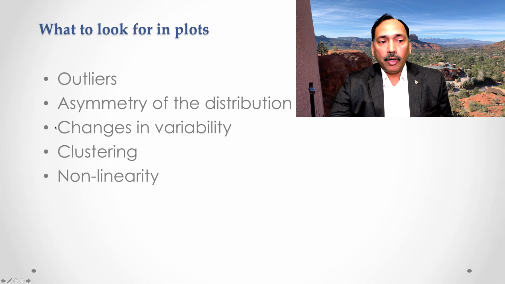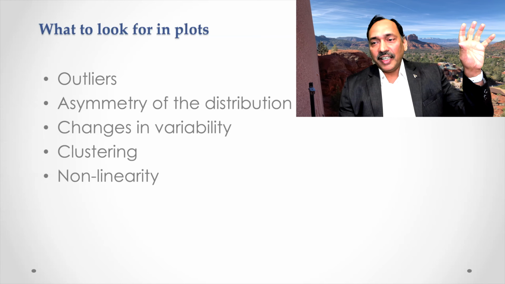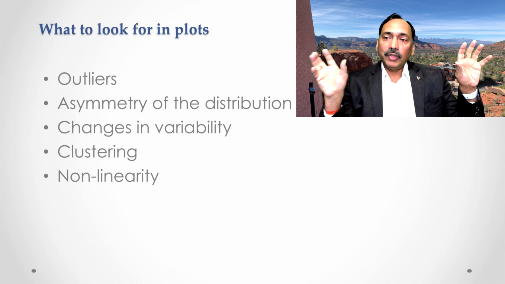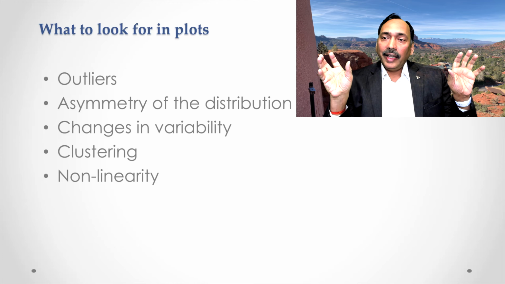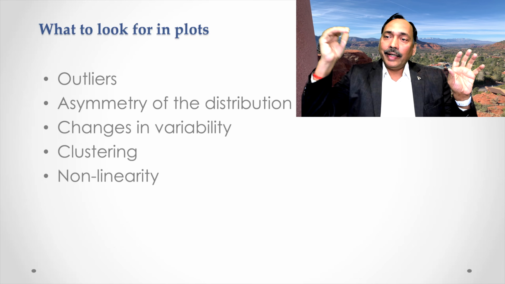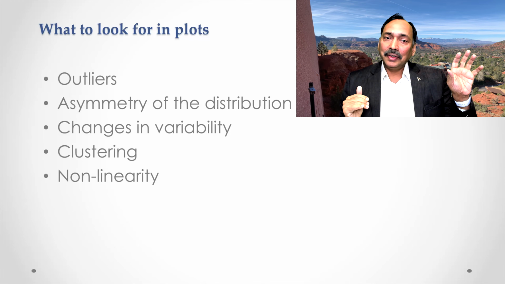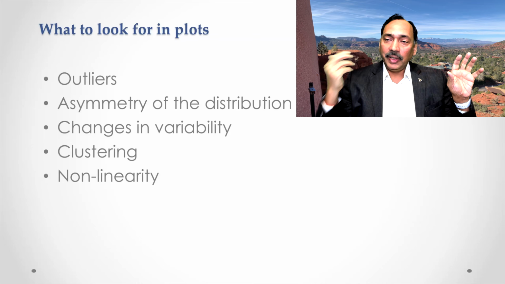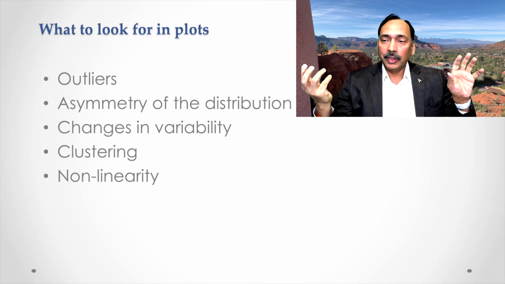We also look for whether there are any changes in variability. There may be a variable of interest which is a numeric variable, and there may be another variable which is a factor variable, and that factor variable may have two different levels. It could be gender, like male, female, or it could be income level, or some other factor level kind of variable.